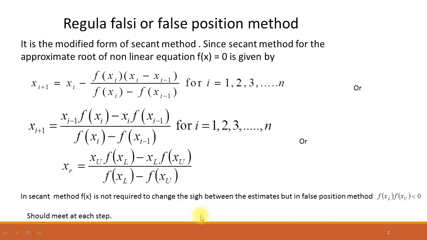When we choose two initial values in secant method, it is not necessary that the sign of the function is opposite for the two chosen values, but in the false position method the function has opposite signs on the starting two values.